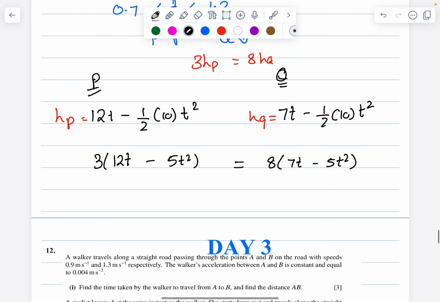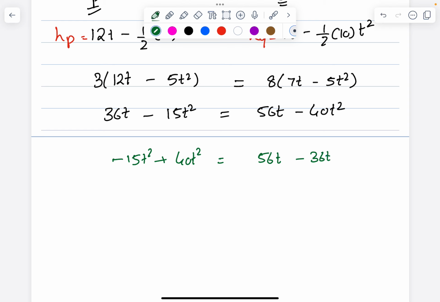Minus 15t square plus 40t square equals 56t minus 36t. So 25t square equals 20t, so 25t equals 20. So t equals 20 divided by 25, which is 0.8 seconds.